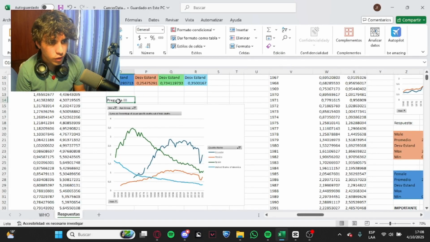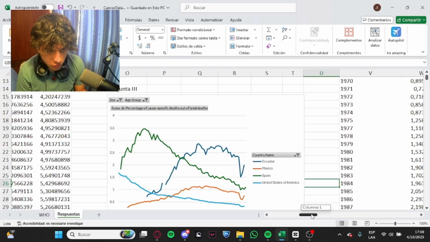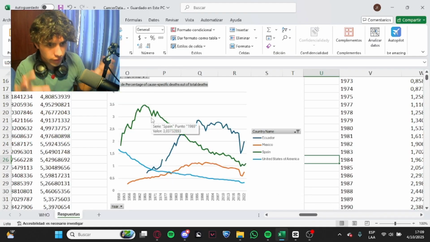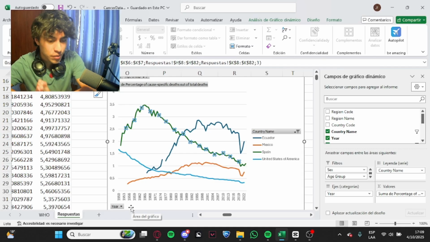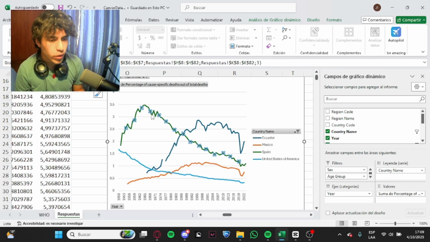Here, on the third question that we needed to answer, we have a graph. This is the time series that we needed to see, and I'm going to go a little bit closer so you can see it better. There are things that are really clear that we can analyze here. First, in Spain we see the highest death rate percentage, with a peak of 3.5, and then it goes extremely down until 2022.